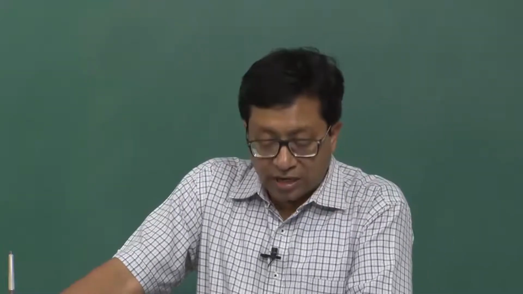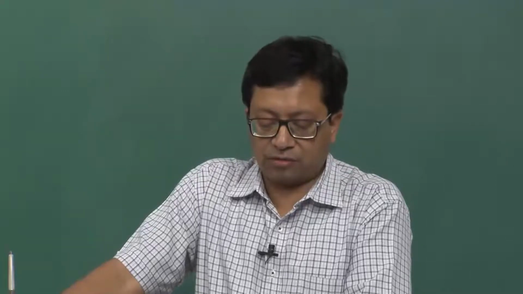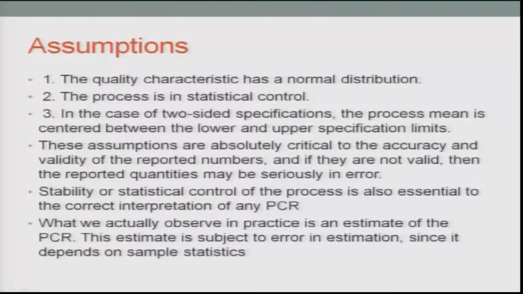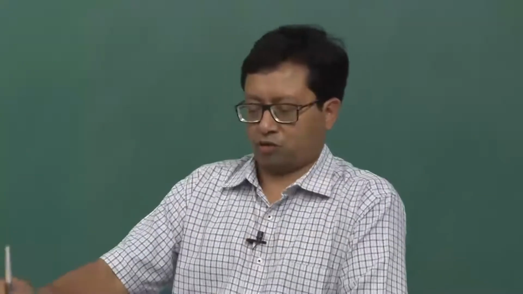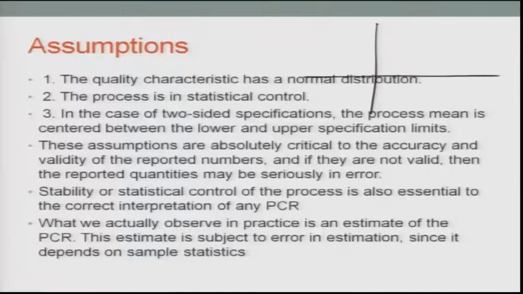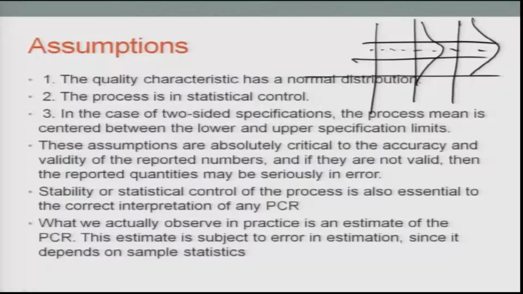In the case of two sided specification, the process mean is centered between the lower and upper specifications as mentioned. That means there is a central line, with equal proportions above and equal proportions below. If you are looking at the charts, this dotted one is the central line. If you have an upper control limit and a lower control limit, the charts would be done accordingly.